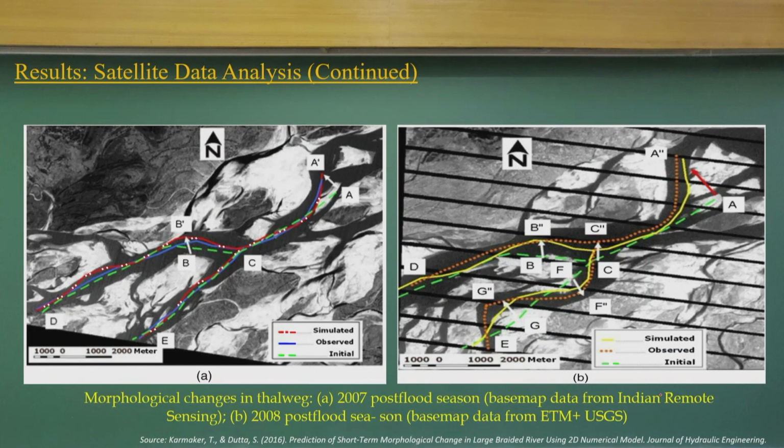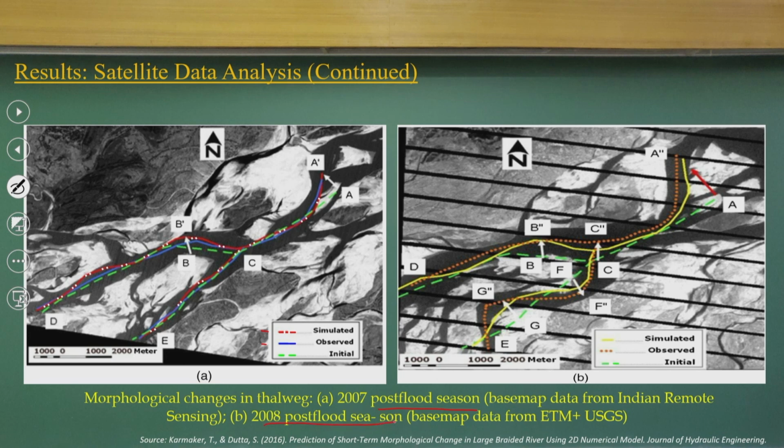And we are fitting this data into the two-dimensional hydrodynamic model with sediment transport. If you look at that, we tried to predict the thalweg lines. Looking at simulated versus observed, the thalweg line prediction is quite good, including the bifurcation points. In the same way, you can look at simulated versus observed, how these conditions have changed and how the predictions are, with the morphological cases from 2007 pre-flood season to 2008 post-flood season.